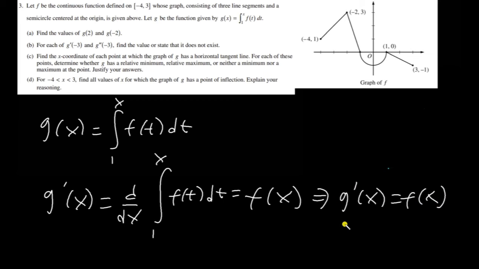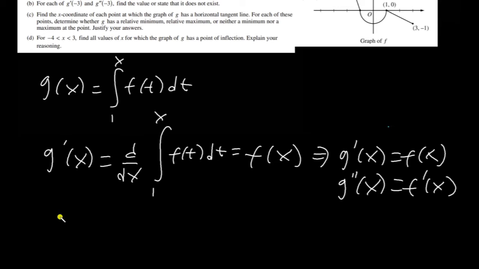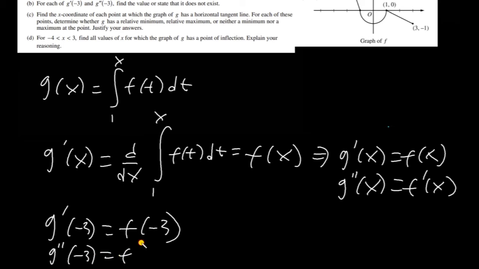And then logically, therefore, g double prime of x must equal f prime of x, right? Okay? So now all we have to do is find g prime of negative 3, and that's just going to be equal to f of negative 3, right? And then g double prime of negative 3 is equal to f prime of negative 3.